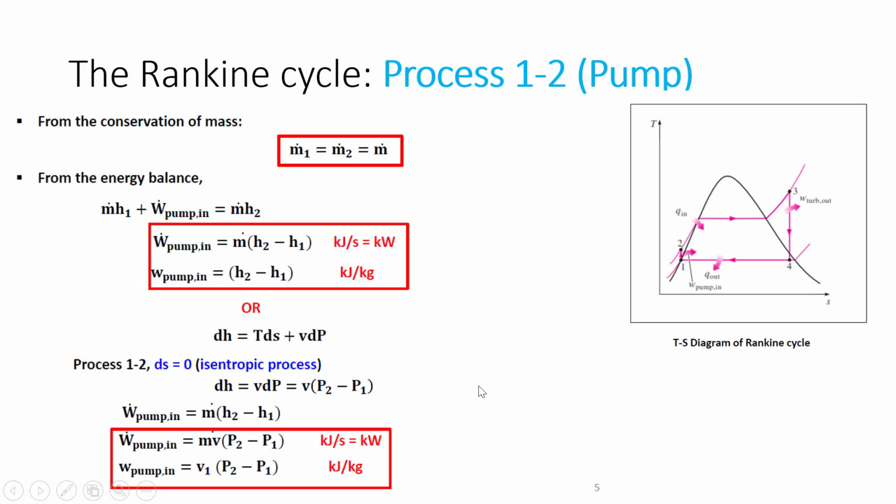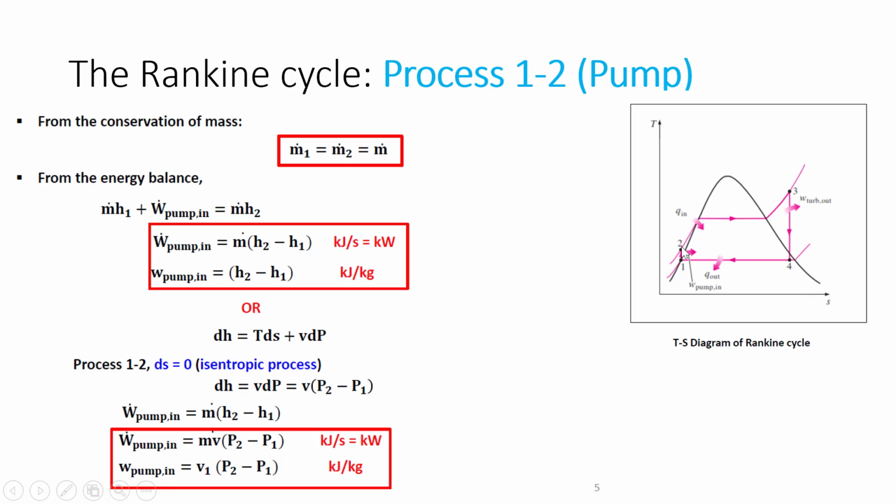Let's look at process 1 to 2 at the pump. What is happening in the pump? First of all, we consider conservation of mass, so there is no loss in mass. Mass is conserved, so m dot at 1 is the same as m dot at 2. For the energy balance, the energy at point 1 must be the same as the energy at point 2.